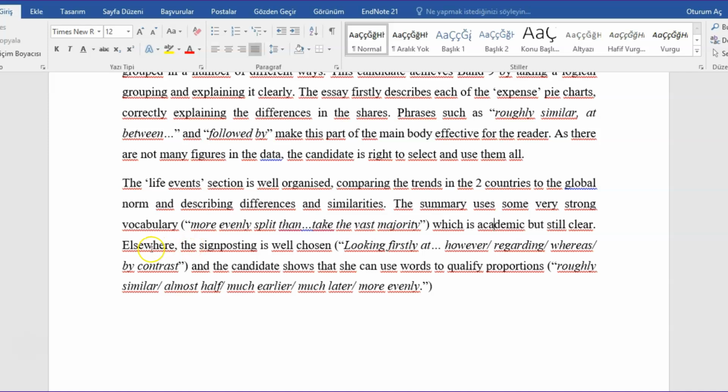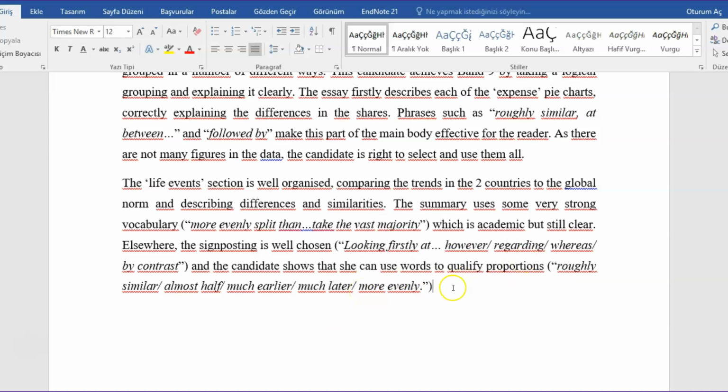And using signposting is well chosen, such as academic phrases like looking firstly at, however, regarding, whereas, by contrast, in summary, to sum up, to recapitulate. And the candidate shows that she can use words to qualify proportions, such as roughly, similar, almost half, much earlier, much later, more evenly.